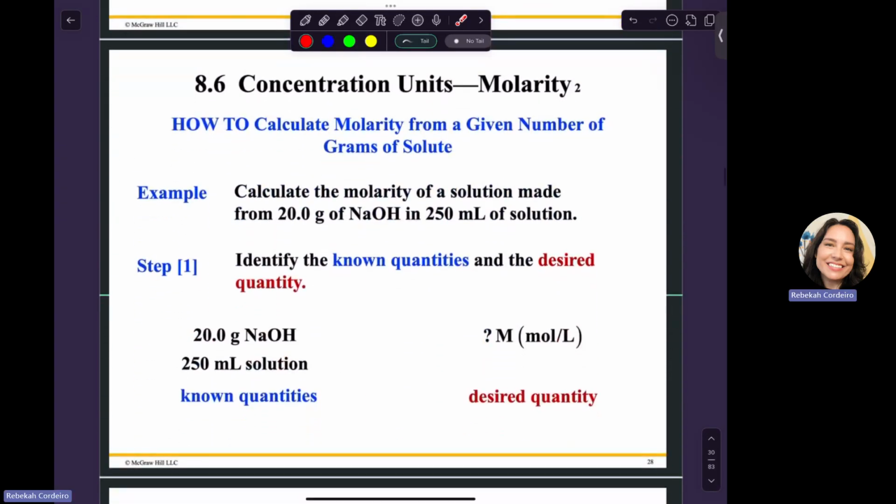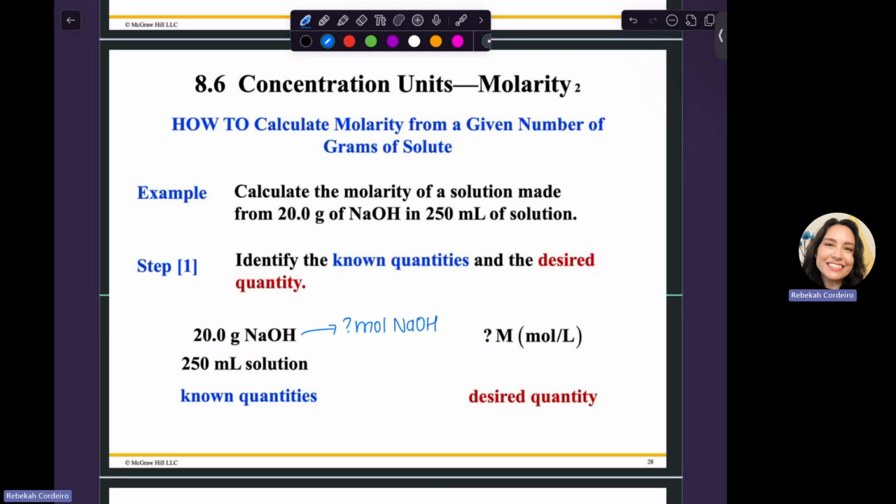So let's think about how we could calculate this. If I want to know the molarity, what I'm looking for is the moles of the solute and the liters of the solution. So we sometimes have to think about it in 2 different pieces. Say I'm given 20 grams of NaOH, sodium hydroxide. I need to find the moles of that sodium hydroxide.